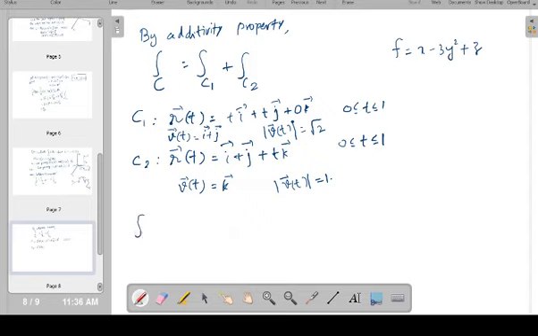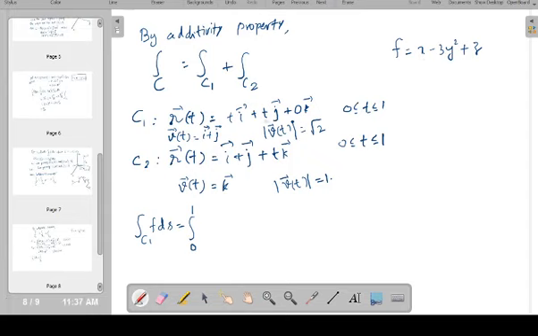So integral over C1 f ds is equal to the integral over the parameter interval 0 to 1 of f of x comma y comma z. So over C1, f of x of t, y of t, z of t is, what is x?